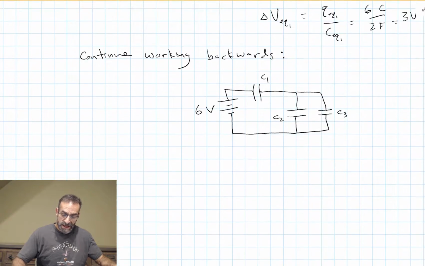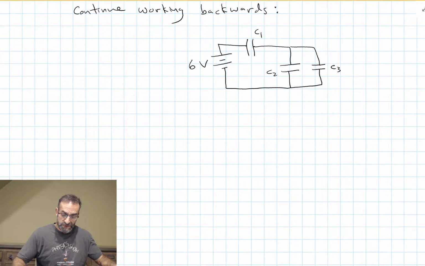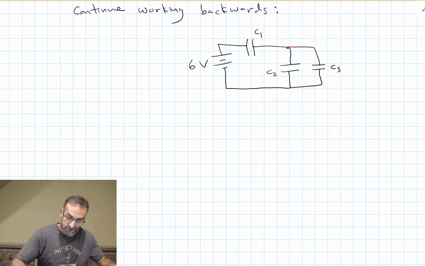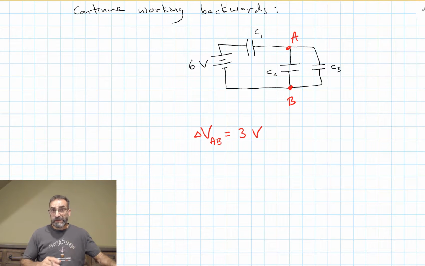So where are points A and B on this circuit? They would be right here. The potential difference across A and B is 3 volts.